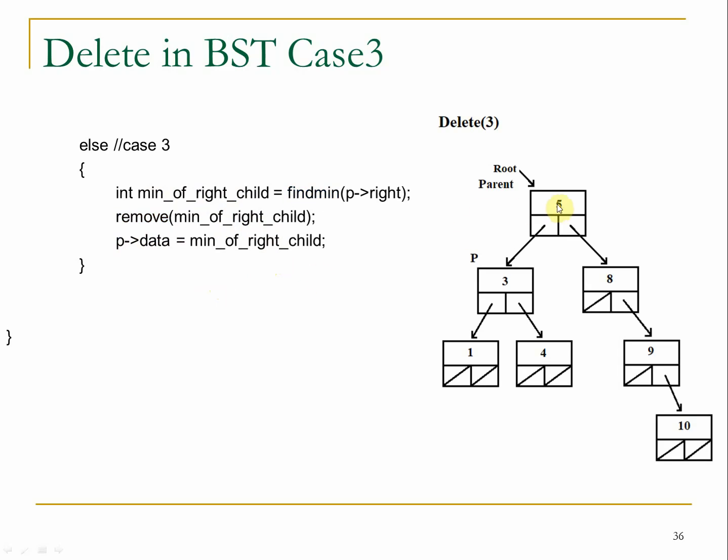So you can see, say we want to delete a node of 3. We would have P pointing at this location, parent pointing at the previous location. What we want to do is find the minimum of the right child. For this one, P to the right, since there's only one element, you will find this element over here.